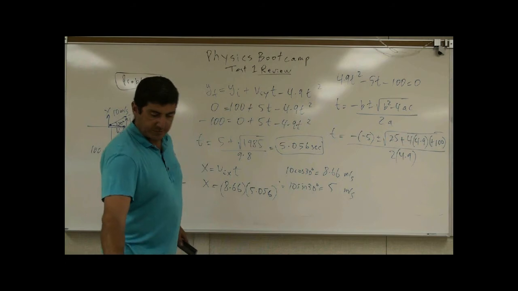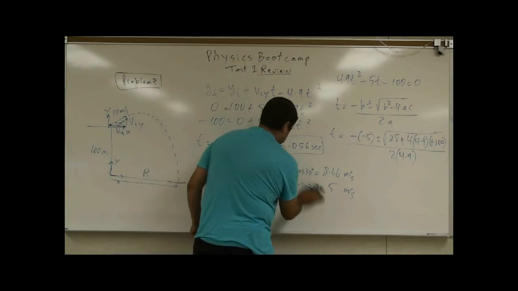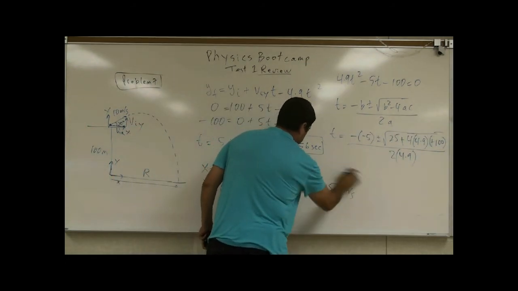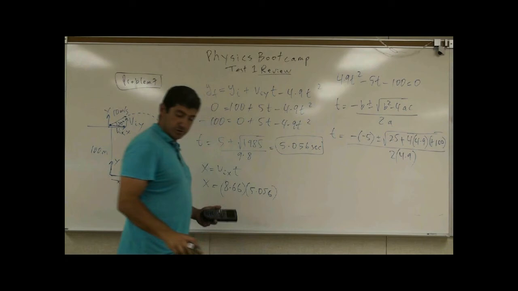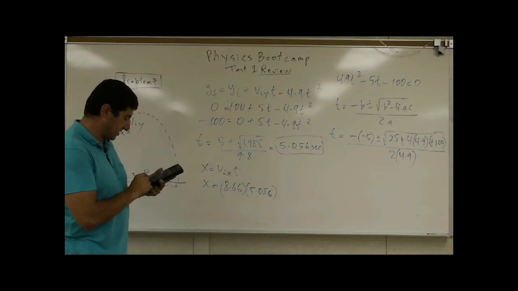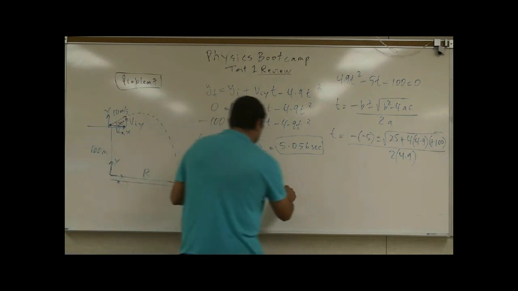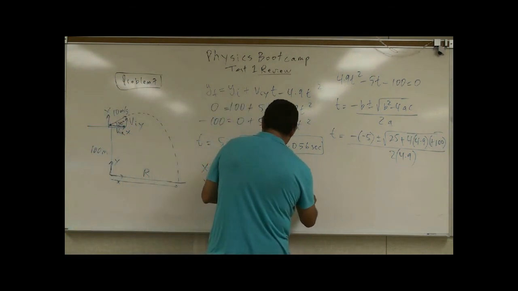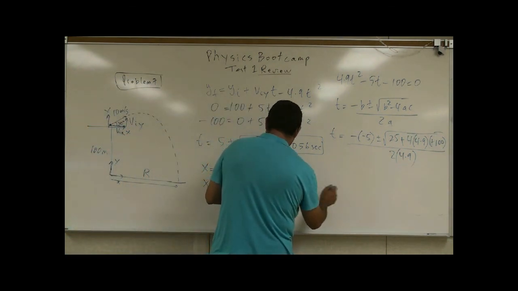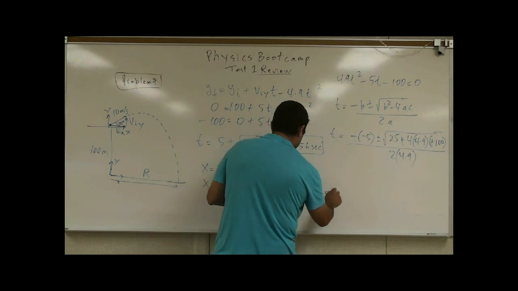Okay? And then what's the answer for that? Well, you just take 5.056, multiply it by 8.66, and you get 43.785 meters.